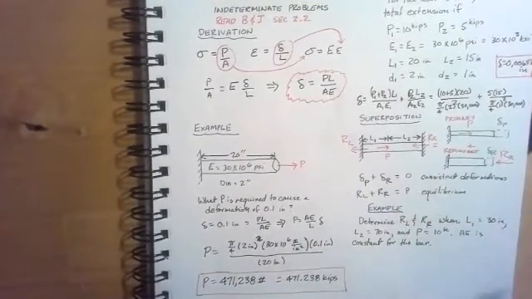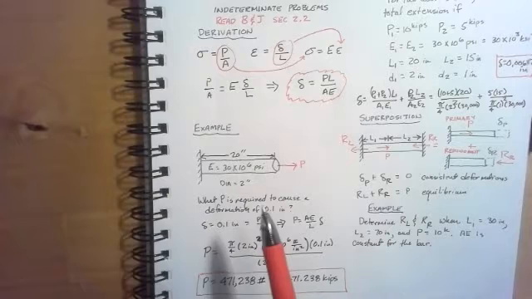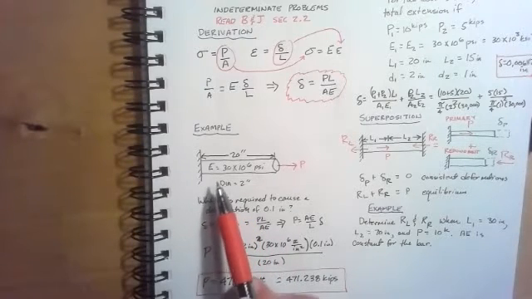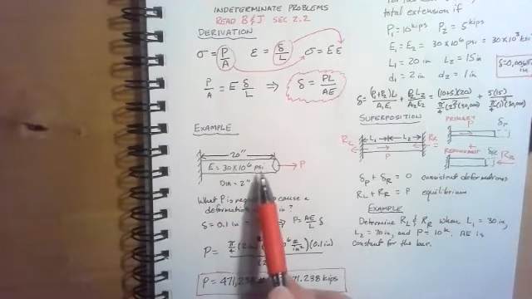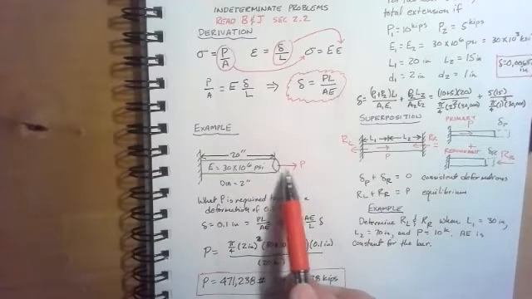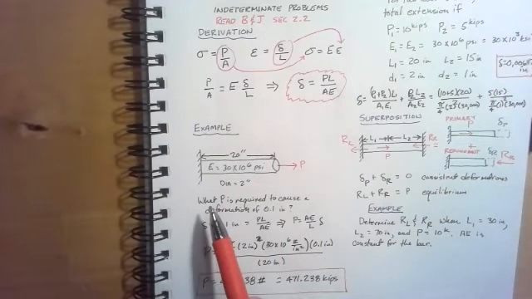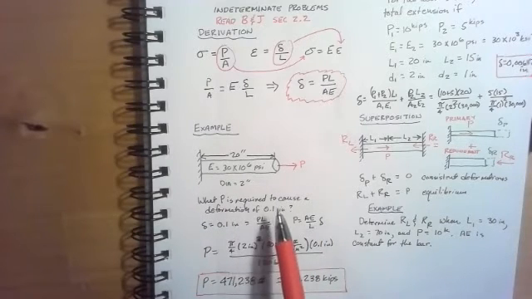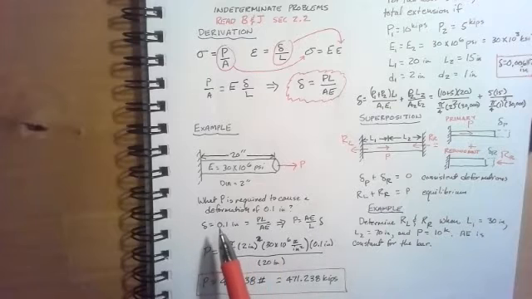So let's do a brief example showing the use of that equation. In this example, we have a steel rod of 2-inch diameter, 20 inches of length, that's subjected to a load P at the end of the shaft. And we'd like to know what P is required to cause a deformation of 0.1 inches. So we know that delta equals 0.1 inches.